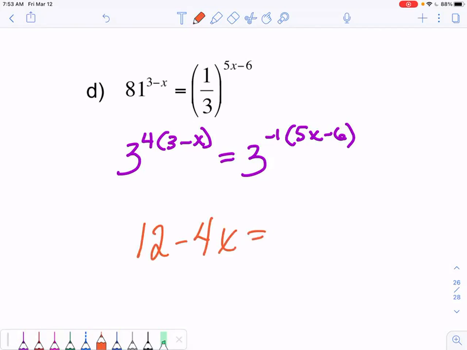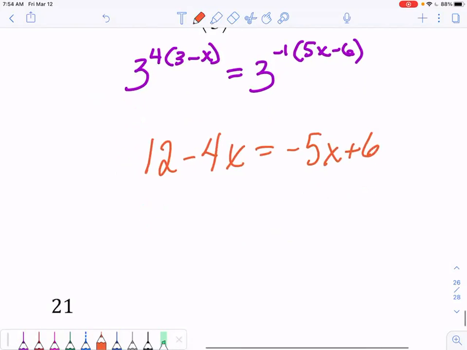Yep. And if we add the x to the left and take the 12 to the right, we end up with x equals -6.